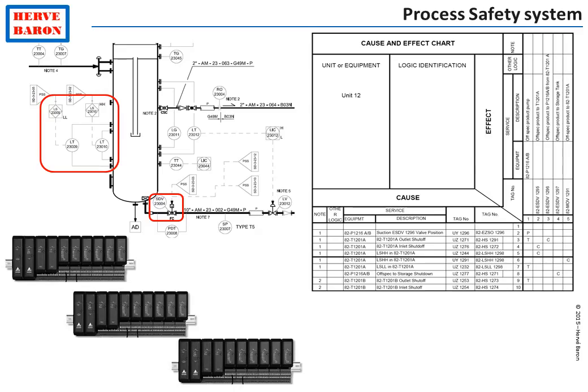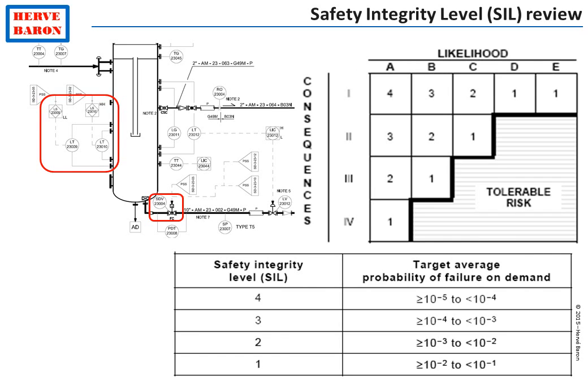In fact, each safety instrumented function, such as the one we have seen here, very low level closes the valve, is subject to an audit. The purpose of this audit is to identify how critical this safety instrumented function, the one that detects a very low level and closes this shutdown valve, is.